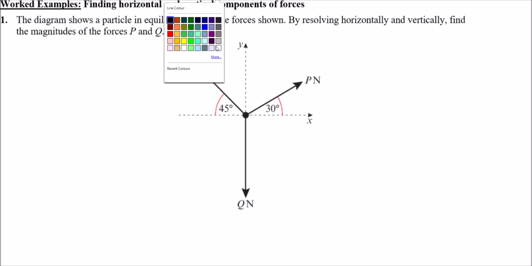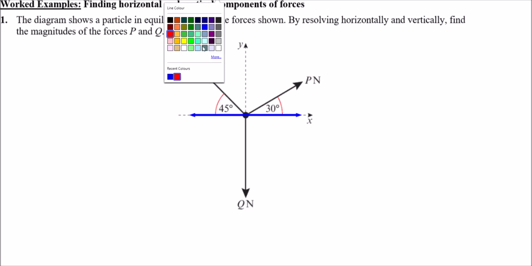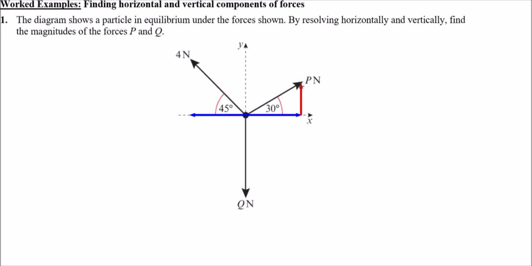So if I just were to get these arrows in blue to denote horizontal components and red to denote vertical components of force P and the force 4, then we need to recall that the component which is opposite to the known angle is always going to be the hypotenuse sine of the angle. So in this case, for P, the vertical component is P sine 30, whereas for the 4 Newton force, the vertical component is going to be 4 sine 45.